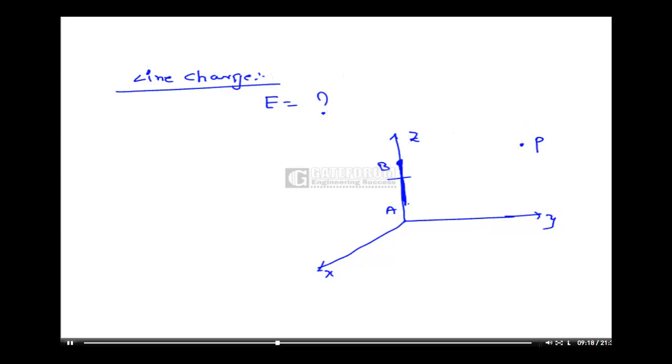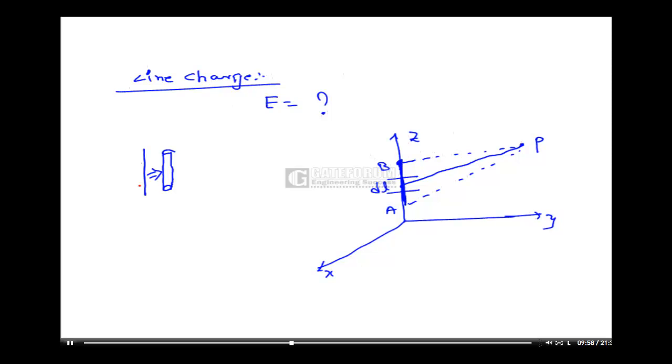So for the analysis I am considering a small length dl. So like this we can complete the graph. So we have to derive electric field intensity. Here I am assuming a cylindrical distribution because a line is in the form of a cylinder like this, but the radius is very low.